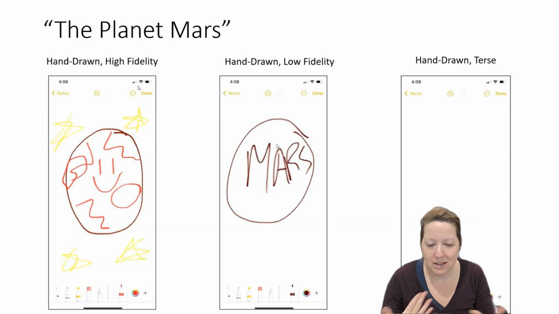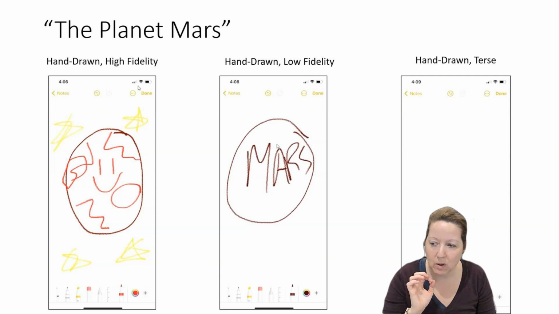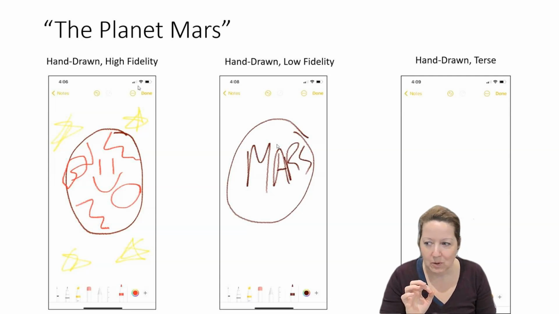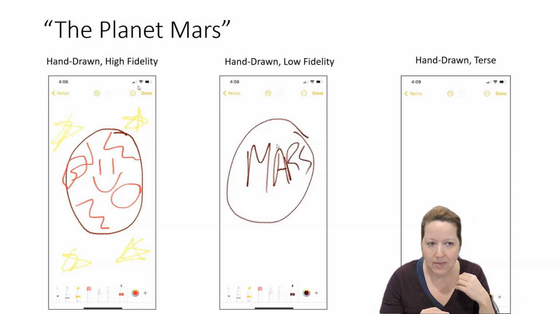Now, the beauty of this is that you can see both of these are very instantly recognizable as Mars. I don't have to explain it to you, especially if you know the context. And everyone in the room is going to know the context because you're working together. Because there's a shared knowledge, unlike the previous example I gave of a chalk talk, where you're giving information no one in the room has, and it's really important that you deliver that information well and they can understand it and it's on brand, it looks good.